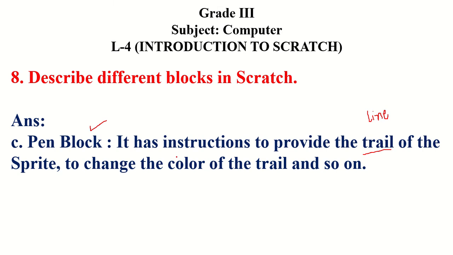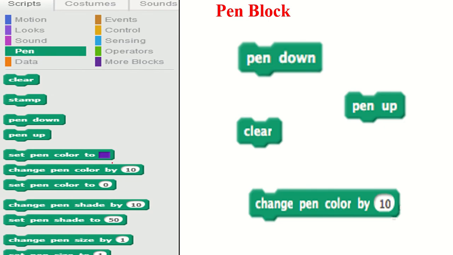So the pen block has the instructions to provide the trail of the sprite. Here we can change the color and size of the trail also.